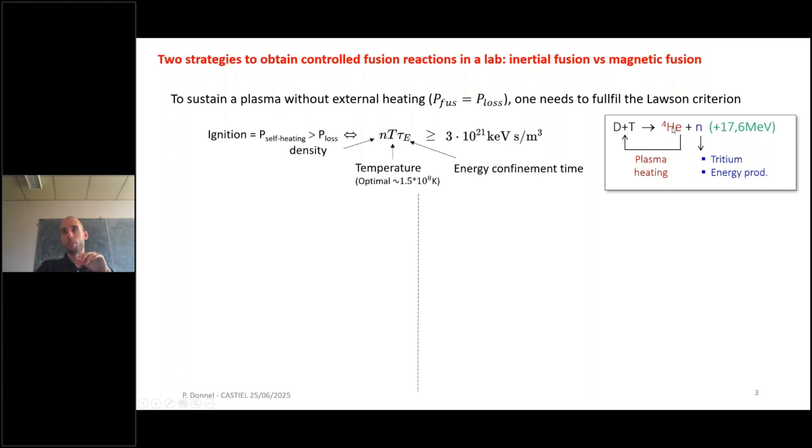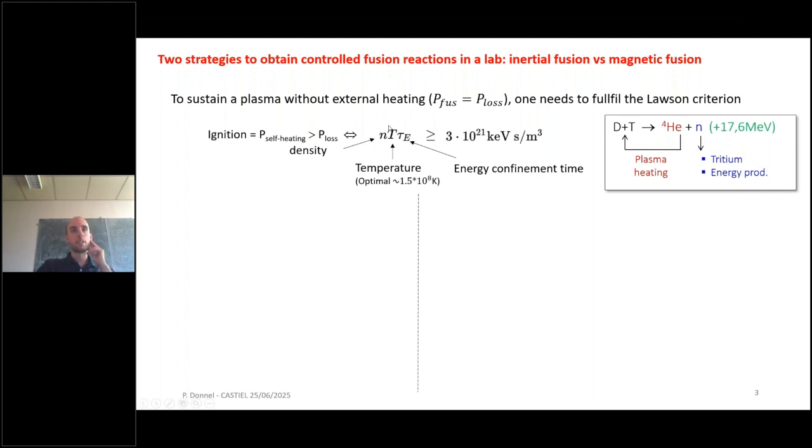So 20% goes to the helium, and actually this helium can interact again with the plasma and so heat the plasma. And 80% of this energy is transferred to neutrons that basically do not see the plasma and go straight to the device wall. And so you need to take the energy of these neutrons for the energy production, and also to regenerate tritium via some reaction that I will not discuss today.